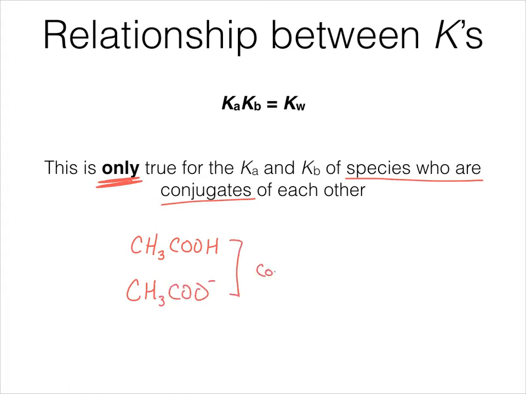These are conjugate pairs. So the Ka for the acetic acid and the Kb for the acetate are related via this relationship.